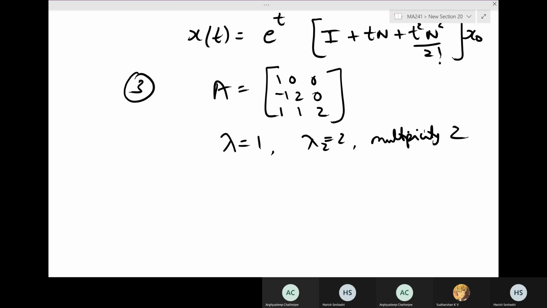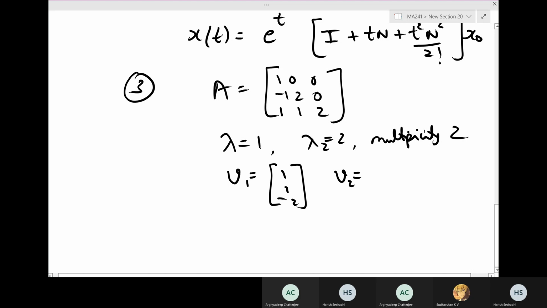So, for lambda 1 equals 1, I get an eigenvector v1 equals (1, 1, minus 2). And for lambda 2 equals 2, again, I'll get an eigenvector.